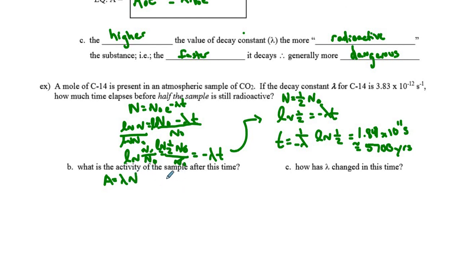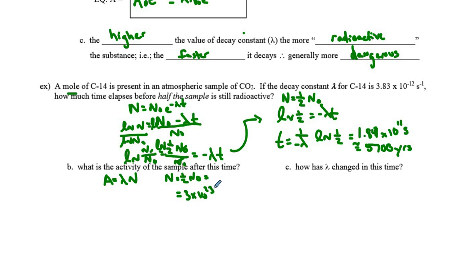Once again, N is 1/2 of the original, which we said is a mole. So 1/2 of a mole times Avogadro's number, 6.023 times 10 to the 23, is approximately 3 times 10 to the 23 particles.